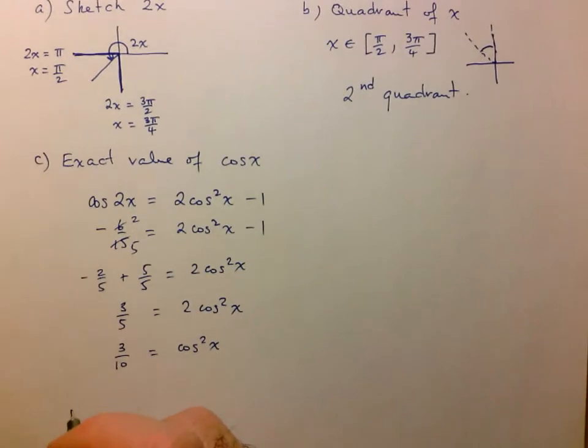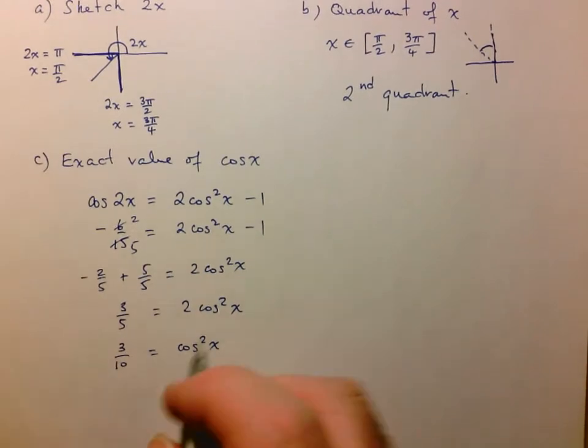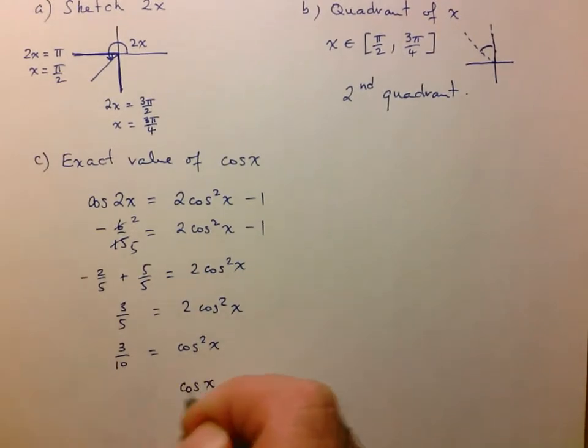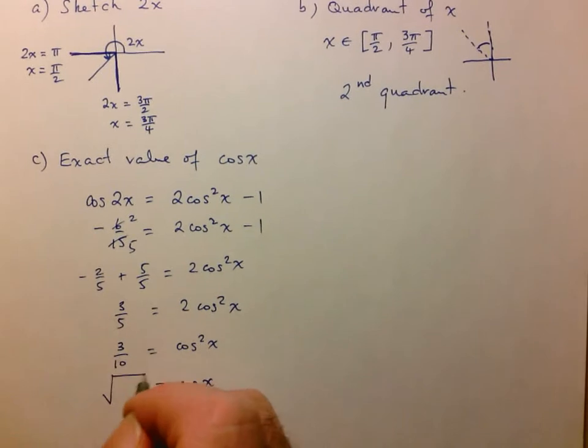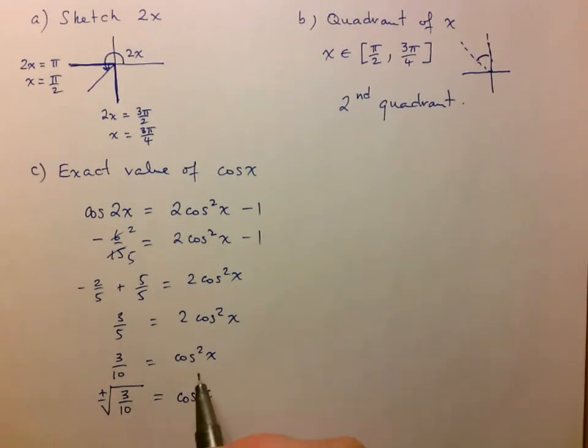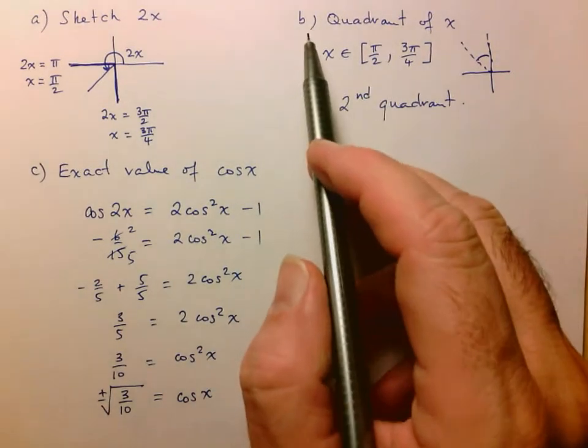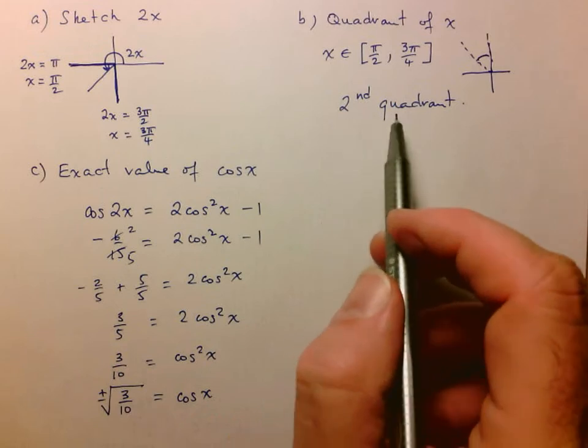And then finally, I can just take the square root of both sides. So cos x is equal to, and don't forget that when you take a square root, you have the option of a positive and negative. But cosine of an angle can't have two values, because cosine's a function. It can only have one value. So this is why they actually were helping us out in part B to determine the quadrant of x.